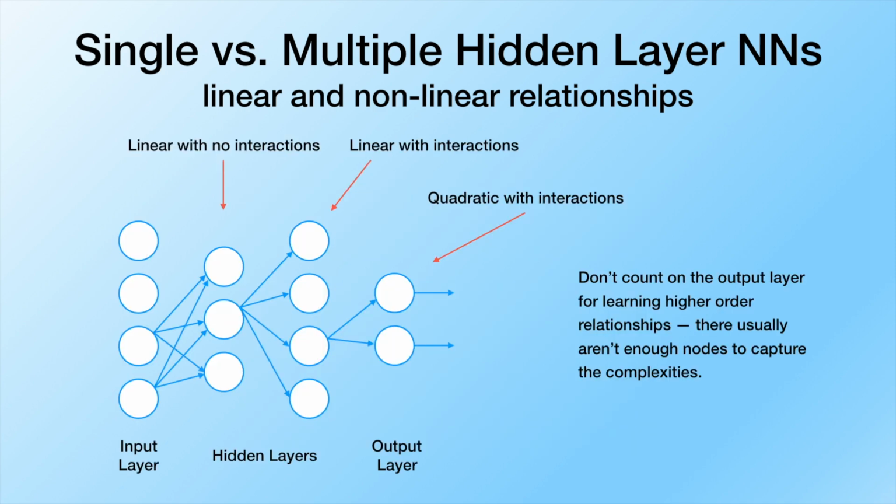Let's take a look at how this happens, how the different number of layers are able to pick up on different terms. So we have this very familiar image at this point, if you've seen our previous videos, of this network with 2 hidden layers, as well as the input and output layers. If you look at that first hidden layer, that's where the linear terms are found, so the linear relationships with no interactions.